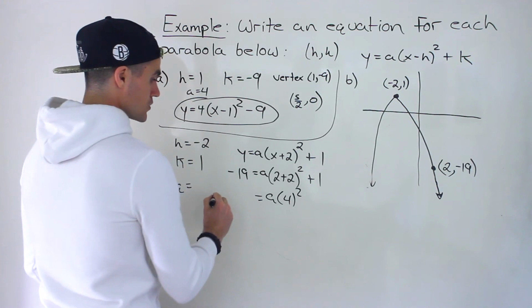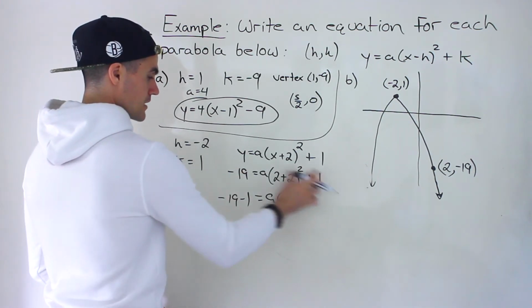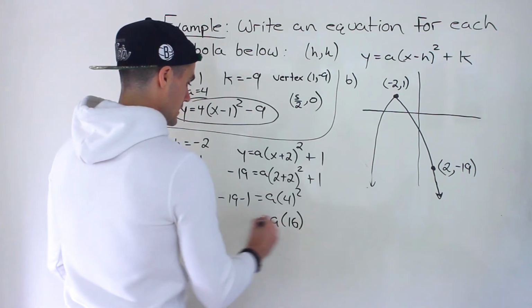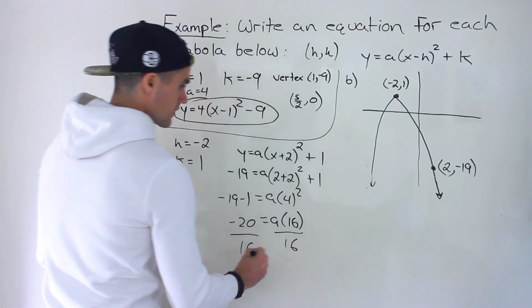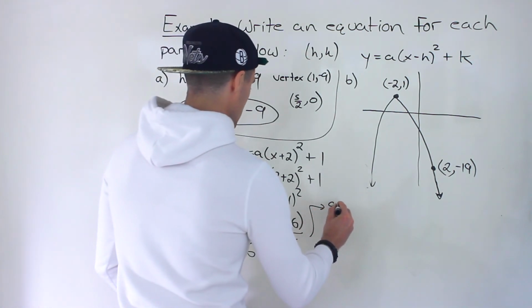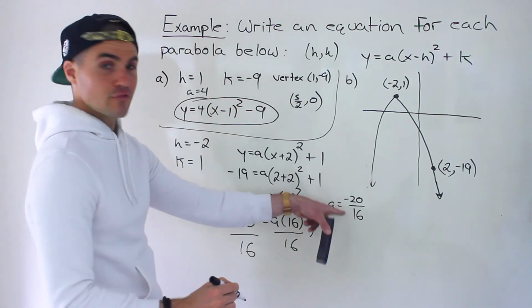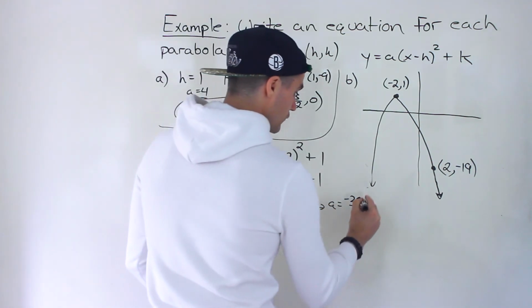Let's bring the 1 over, so we'll have -19 minus 1, right? We could bring this over because it's by itself. And then we'll have a 16, -20, divide both sides by 16. So we'd end up with a equaling -20 over 16. And then that fraction can simplify, divide the top by 4, divide the bottom by 4.